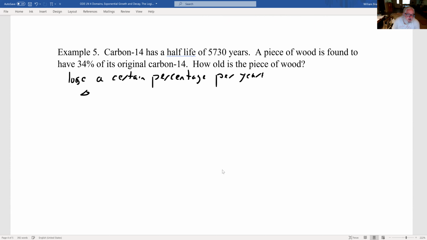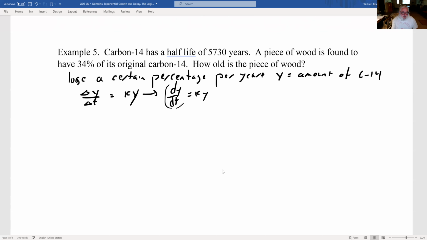And so your change in y, where y equals the amount of carbon-14, over your time period is going to be some constant times y. Right? And so as we let delta t go to 0, we get dy/dt equals ky. The rate of change of y with respect to t depends on your portion.